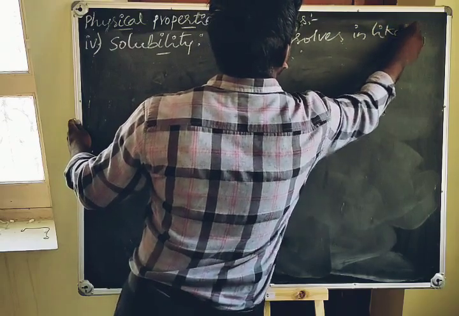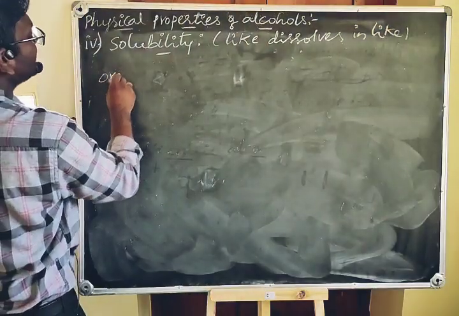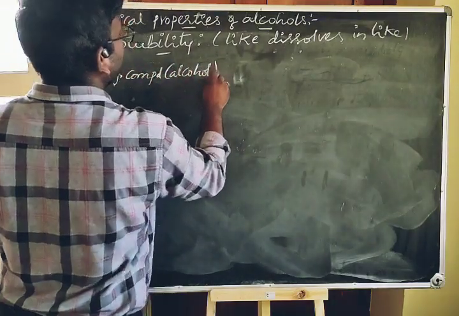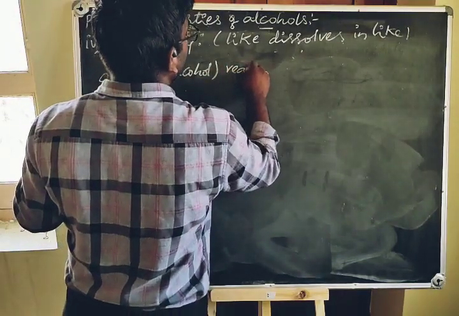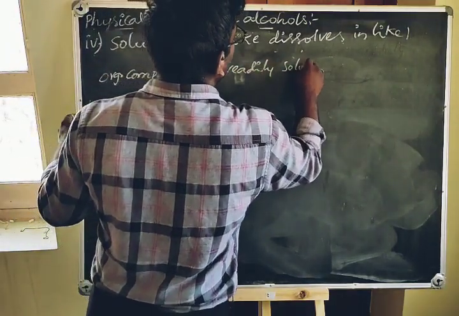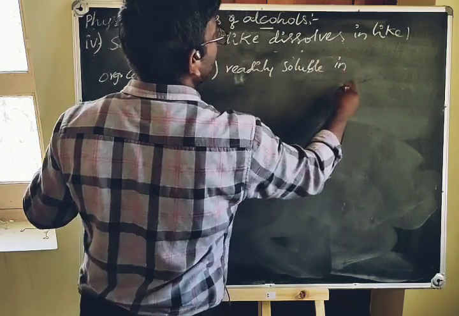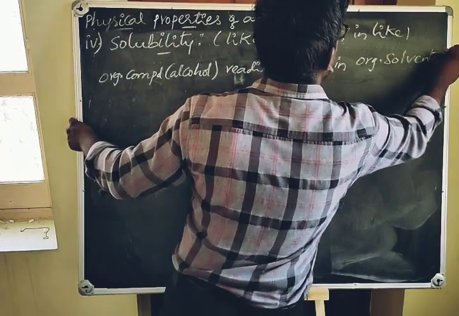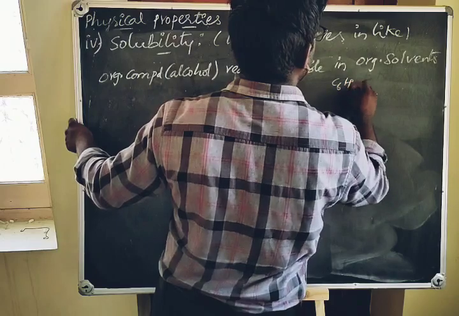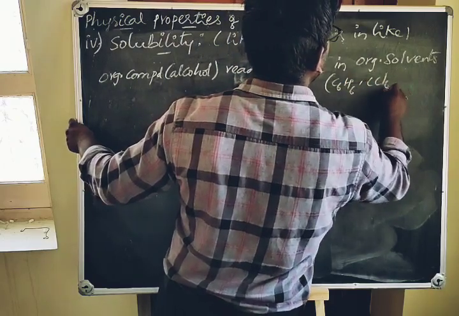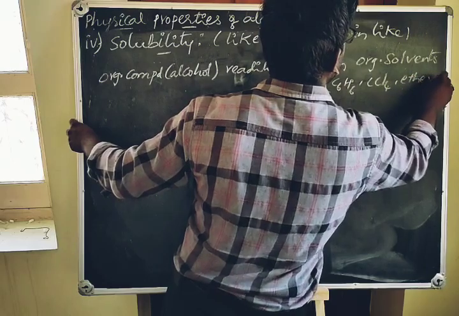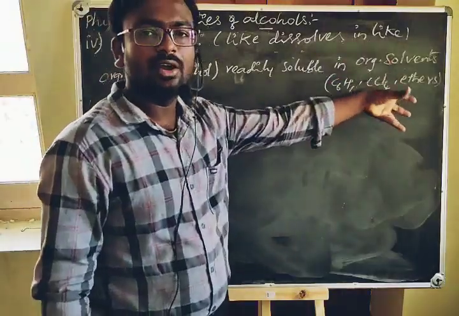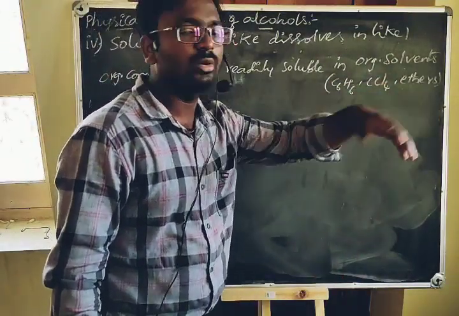It means the organic compound alcohol is readily soluble in organic solvents like benzene, CCl4 (carbon tetrachloride) and ethers.